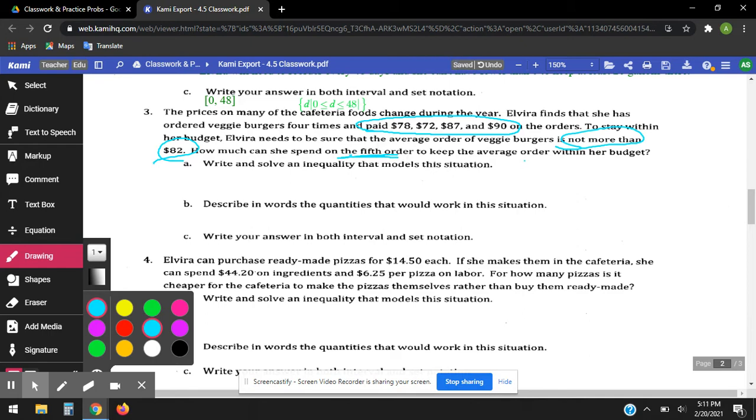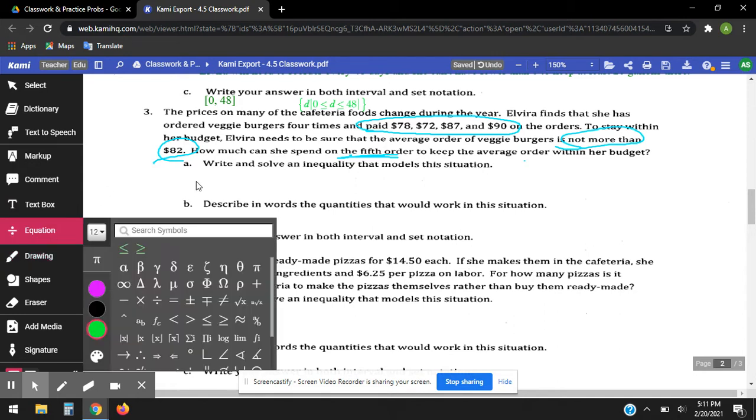Okay, so now we have to think about averages. Averages is adding up everything you have and then dividing by however many you have. So we need to take 78 plus, should do this in black.